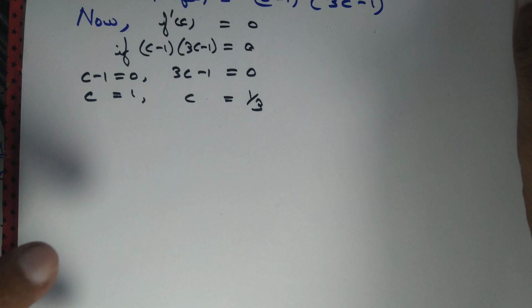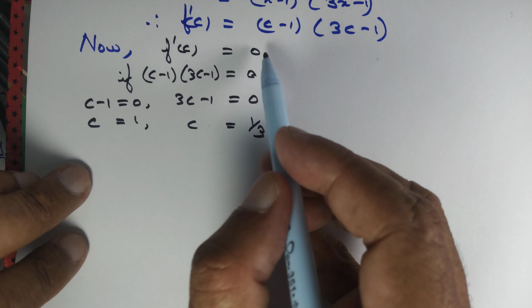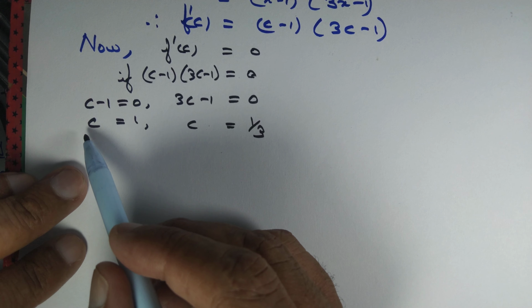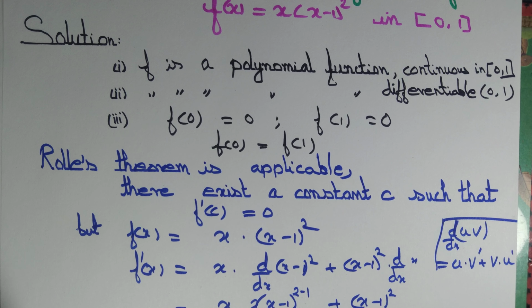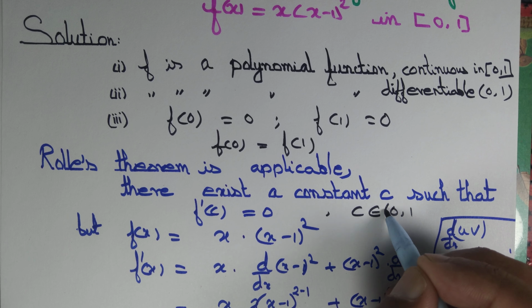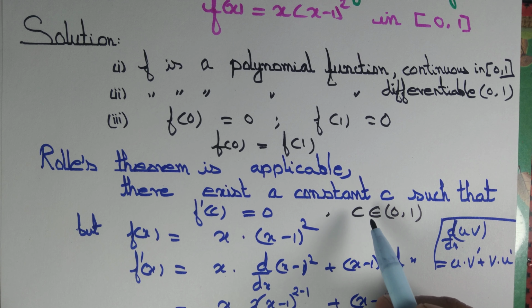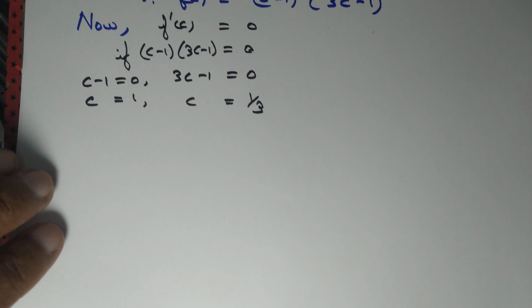Now once again we need a constant c so that f dash c equal to 0. That is possible when c equal to 1 or c equal to 1/3. Now we want a constant c so that f dash c equal to 0 and that c lies in the open interval (0, 1). c has to be greater than 0, less than 1. Does such a constant c exist?